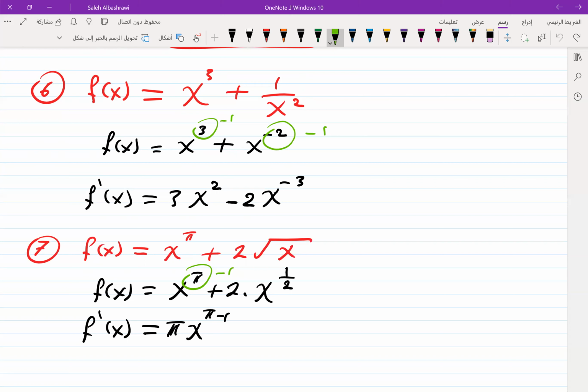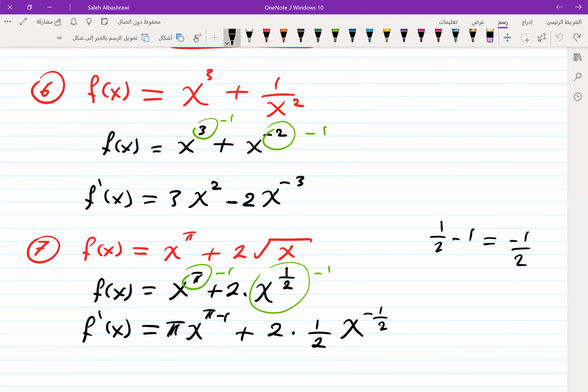Now the second term, keep the constant 2. Now the derivative of x to power 1/2. Again, there is minus 1 there. Write the power down first, which is 1 over 2, x to power 1/2 minus 1. This is 1/2 minus 1, which is equal to minus 1 over 2.